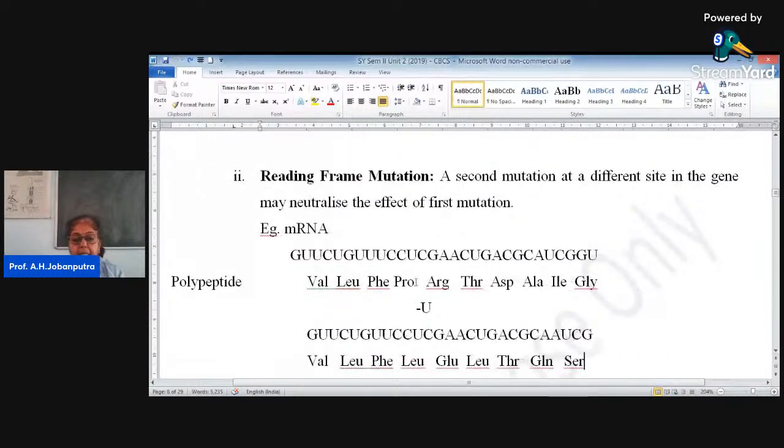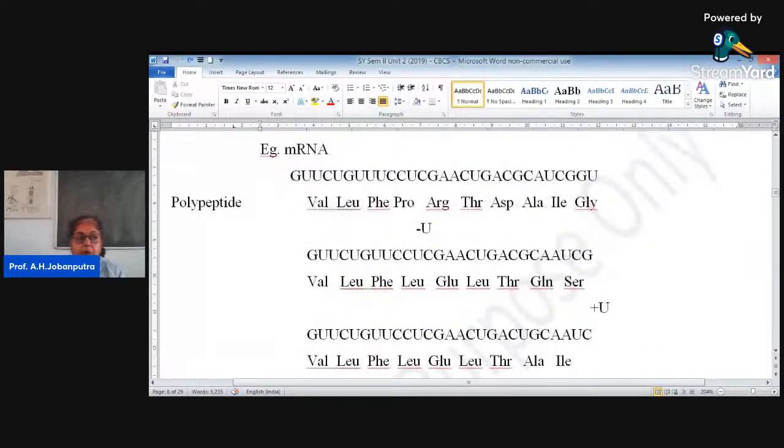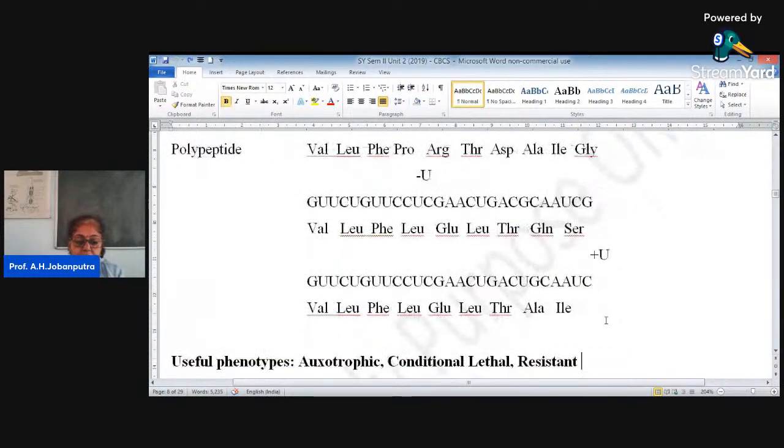Now you can see that here there is deletion of U. Now a second mutation takes place in such a way that U is added at the end, and whatever nucleotide chain is formed results in the amino acids. Because of the first mutation the amino acids are changed, so the enzyme becomes inactive. But here a U is added elsewhere. Even if it is added at some other place, the effect of the first mutation is neutralized, and that is known as suppression mutation.